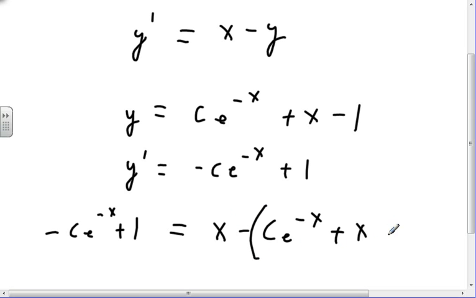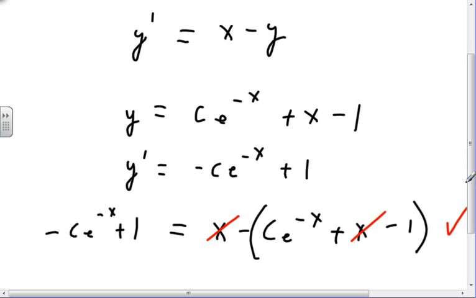The minus sign goes like that. So I look at that: I've got an x, a minus x, a minus, a minus, a plus, a plus. Check. It does, so it does solve it.